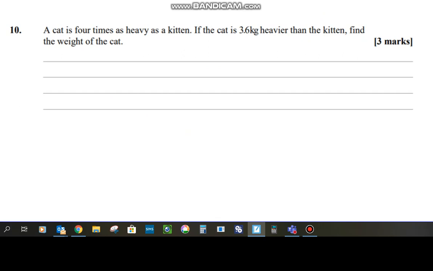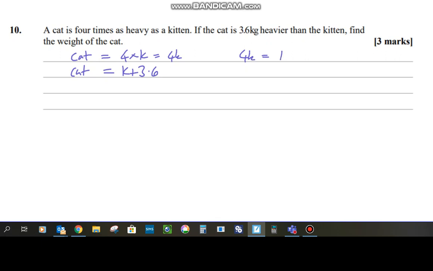Okay, looking at question 10 now. Again, this is similar to the baking one a little while ago. So the cat is 4 times as heavy as the kitten, so we're going to say that's 4 times k, which is 4k, and the cat is also 3.6 kilograms heavier than the kitten, so the cat is k plus 3.6, and they're both equal to the cat, so they're both equal to each other.